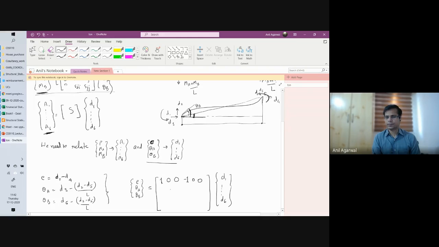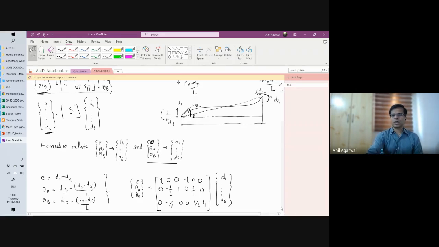Likewise, theta A is nothing but d3 minus d2 by L. So there's no term related to d1. Then I have a term related to d2, which is -1 by L. Then I have 1 corresponding to d3. Then no terms corresponding to 4. With respect to 5, I have 1 by L. And 0. Likewise, theta B will be 0, -1 by L, 0, 0, 1 by L, 1.